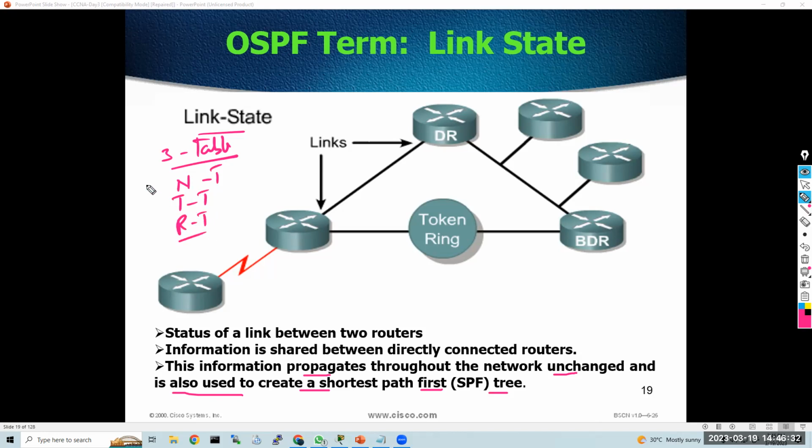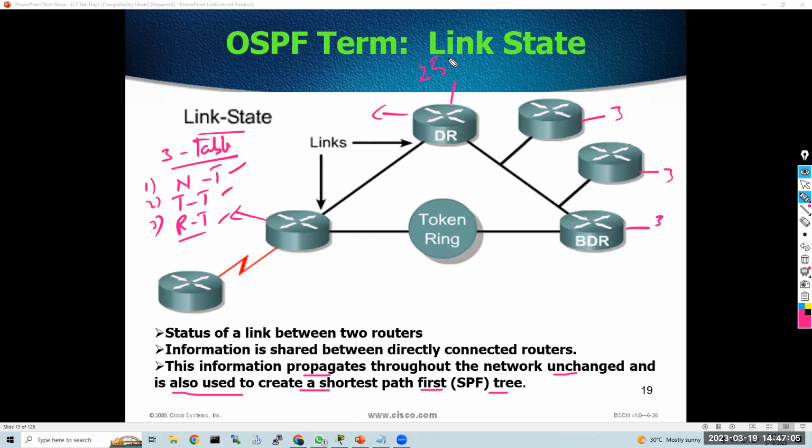Three tables for each router, for all the routers. Every router has its own unique routing table, not the same. All are unique tables.